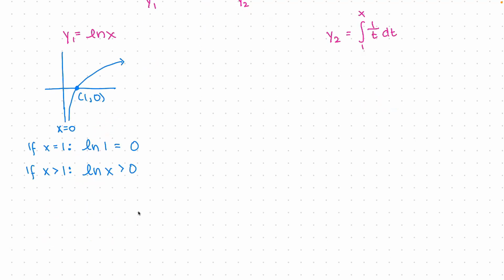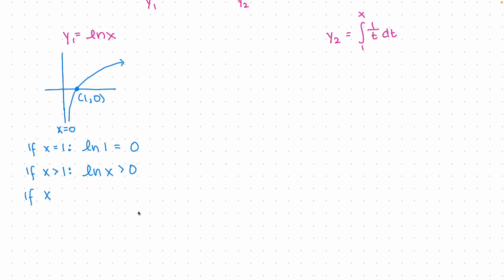And then if x is less than 1, and I should be more specific and say between 0 and 1, because x can't be a negative value, then we can see that the natural log of x is negative.